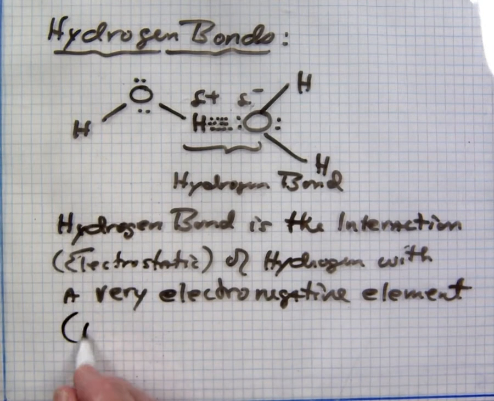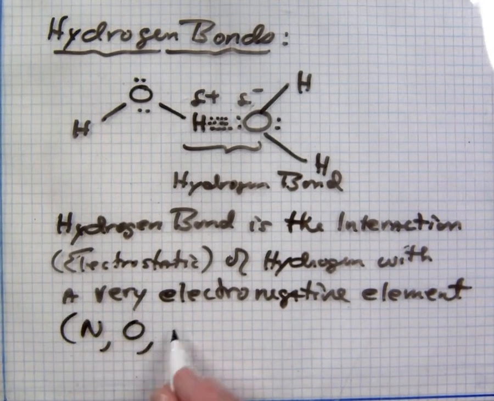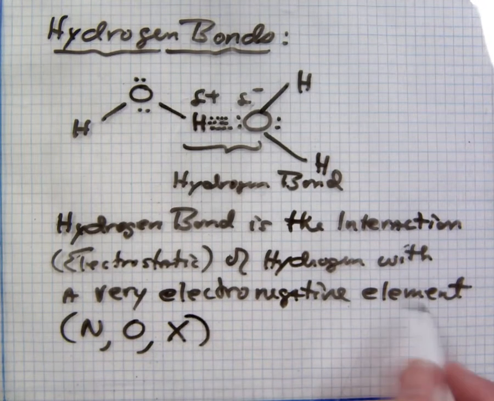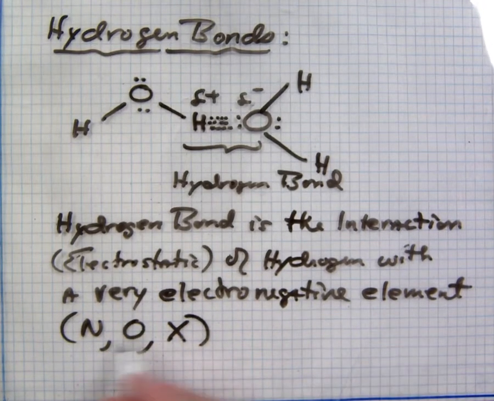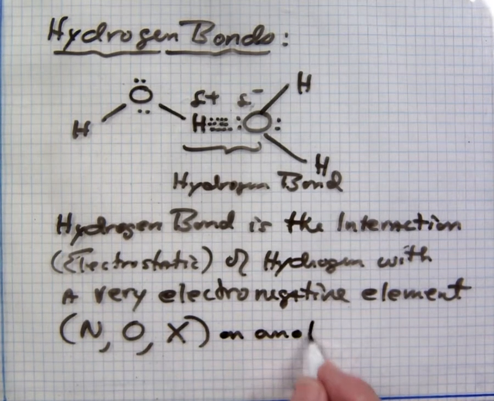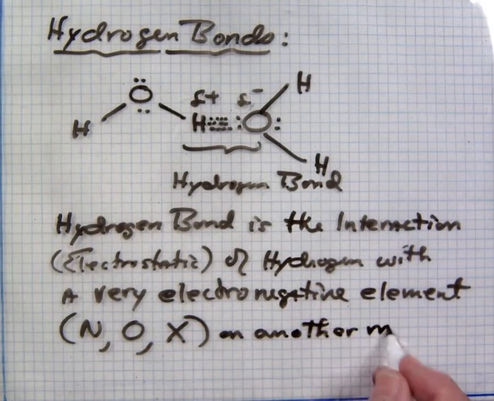And I'll give you those: nitrogen, oxygen, or halogen, chloride, bromide, iodine, like that. A very electronegative element on another molecule.